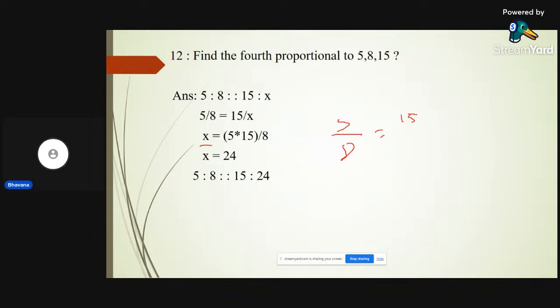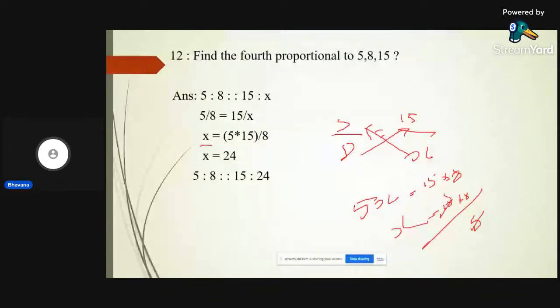That means 5x equals 15 into 8. So x equals 15 into 8 divided by 5. So 5 ones are 5, 5 threes are 15, so 3 eights are 24.